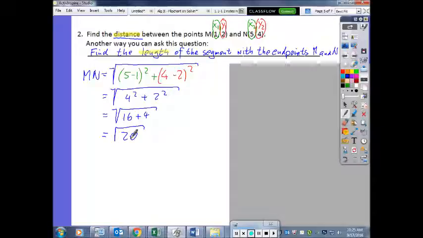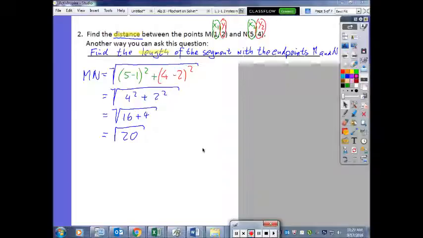Now the square root of 20 we can't find as easily because 20 is not a perfect square. So we're going to have to simplify this square root. Either you can draw a factor tree and then pick up two numbers that are the same, or you can also think about your list of perfect squares and find out which of your perfect squares goes into 20.